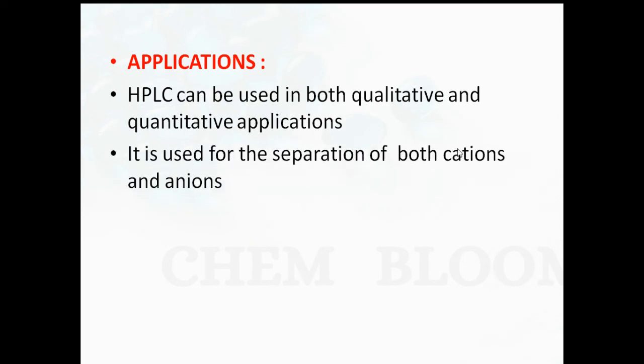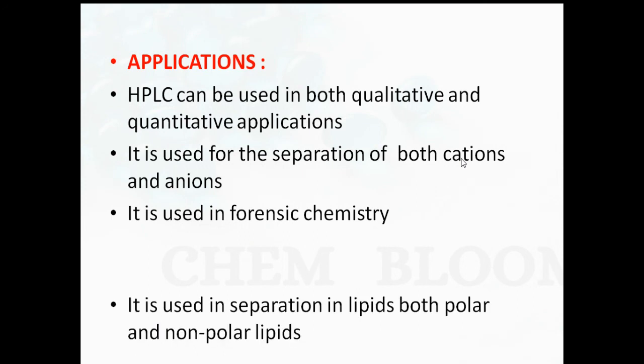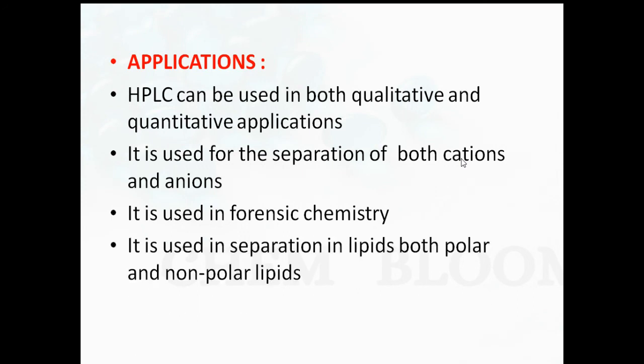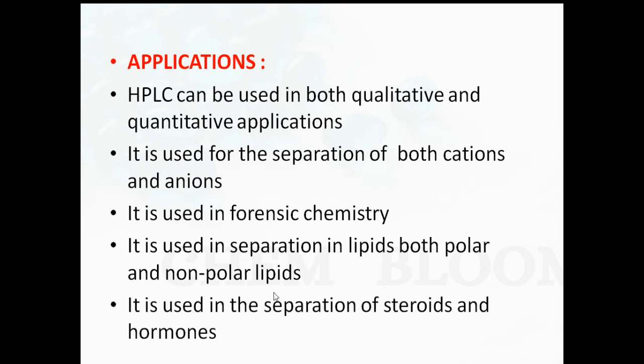It is also used in the separation of both cations and anions. It is used in forensic chemistry. It is also used in the separation of lipids, both polar and non-polar lipids. And also in the separation of steroids and hormones.